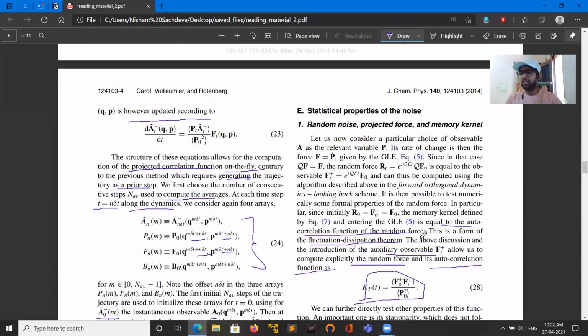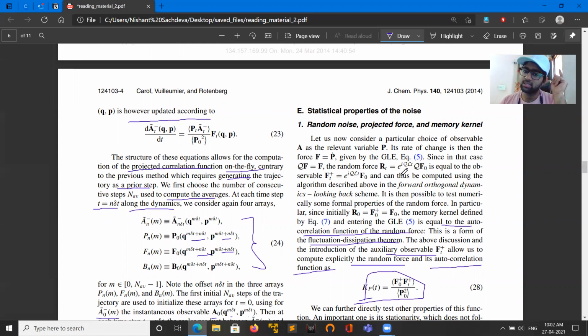Let's go through this part again. It was a bit complicated, so we'll just repeat it. What they're saying is that let's consider a particular choice of observable A, which is the relevant variable P. The rate of change of P is P dot, which is called the force. How will we get that? We'll get that from equation 5, which we saw above.